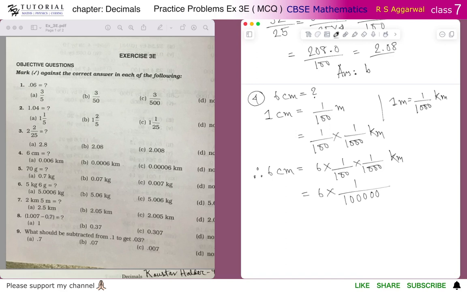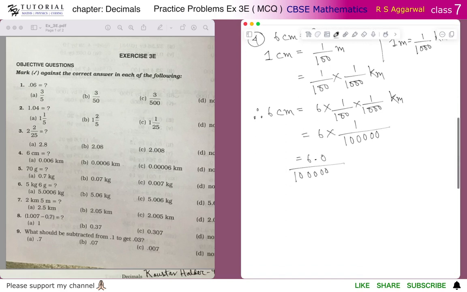So now 6 can be written as 6.0 divided by 1 lakh. We have to do this division. So this is basically dividing a decimal number by a power of 10. So what will be the answer?